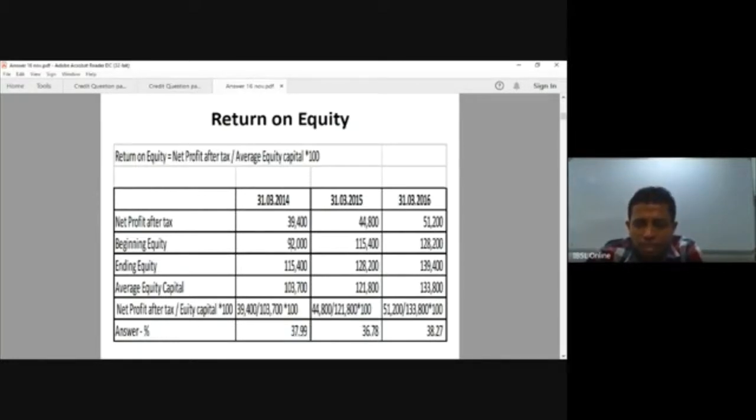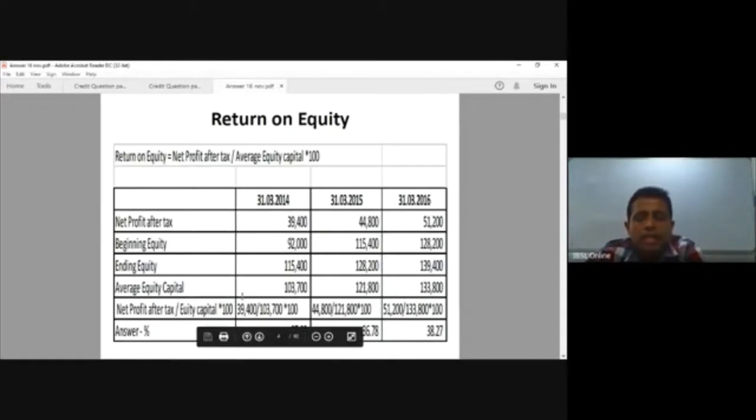Similarly, for 2016, the beginning equity means the 2015 balance, right? That's why here you have 115,400 as 2014 ending and 2015 beginning, the same balance. Here, 2015 ending is 128,200, and 2016 beginning is also the same, right?